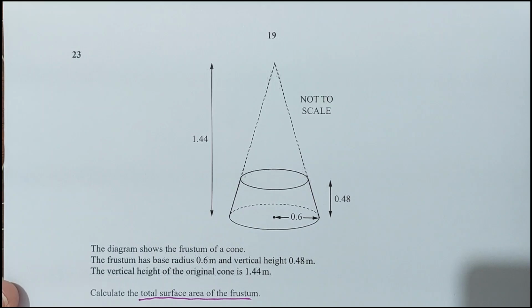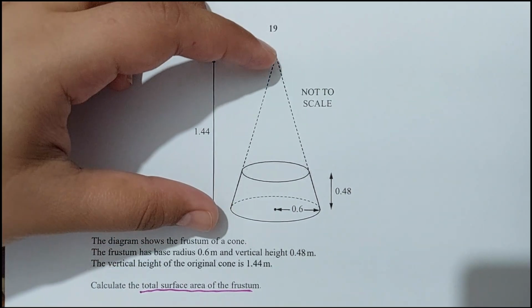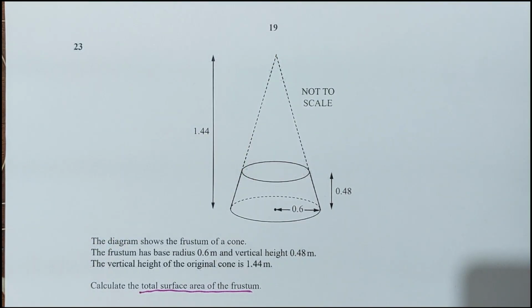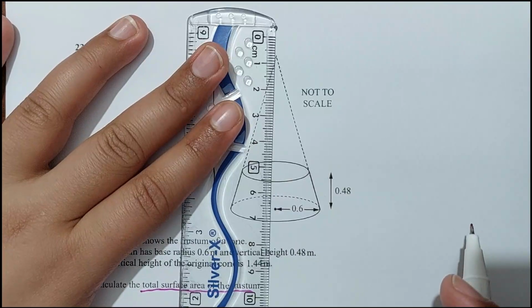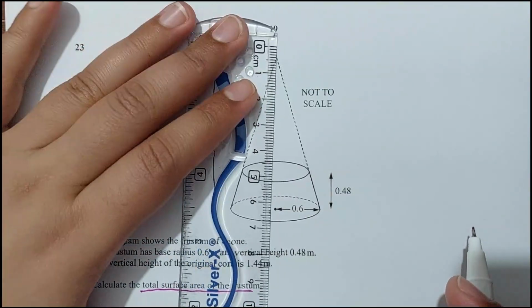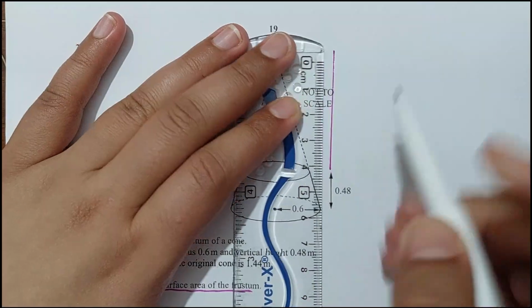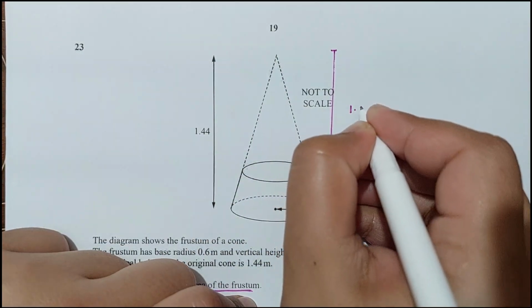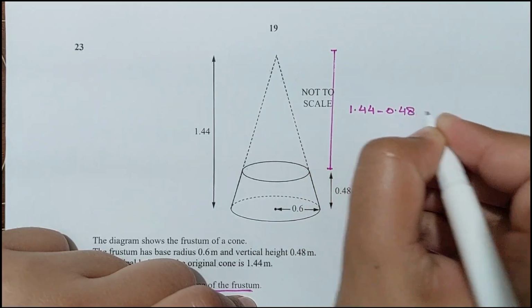Okay, so as you can see, there are two cones, the larger one and the smaller one. This would be the height of the larger cone, right? Let me find out the height of the smaller cone. What would be this height? From the total 1.44, we have to subtract 0.48.